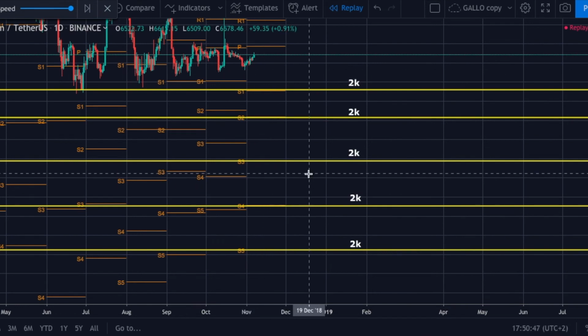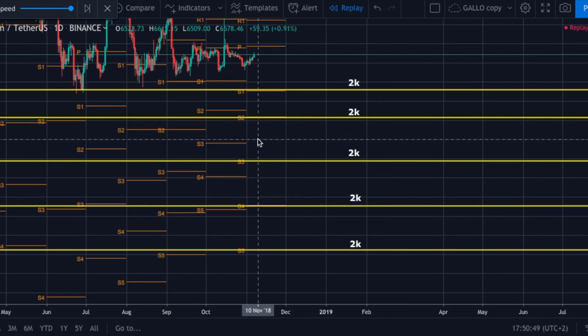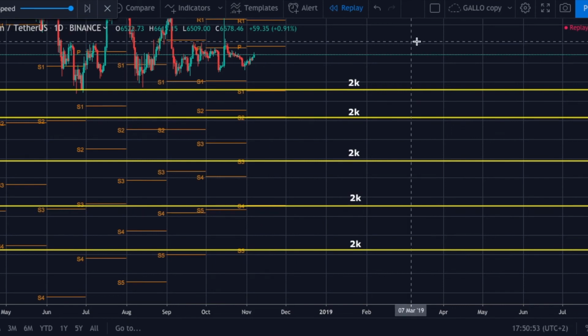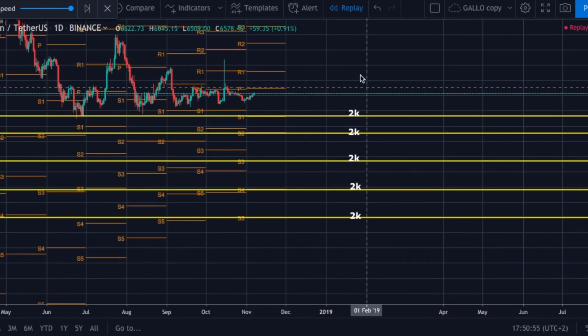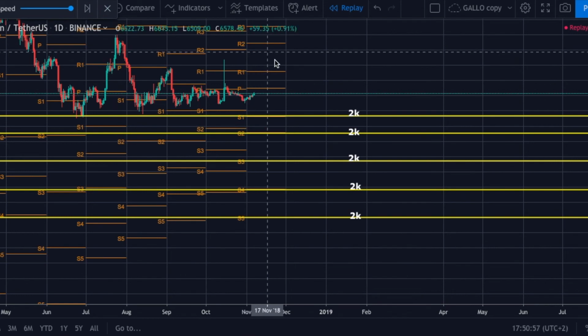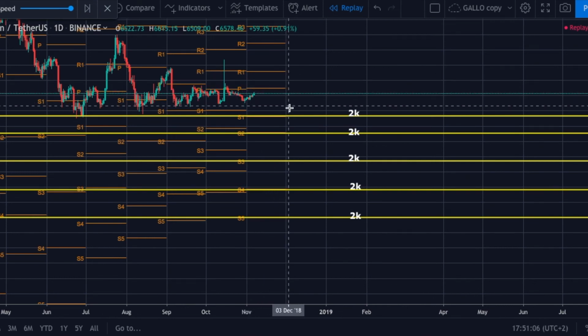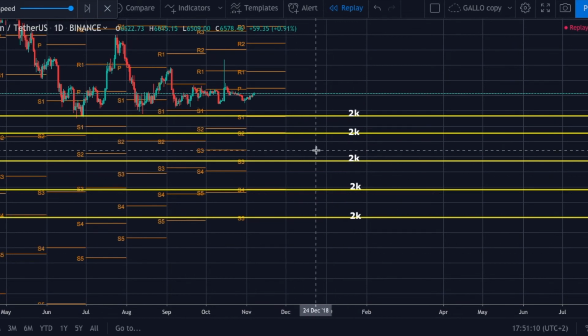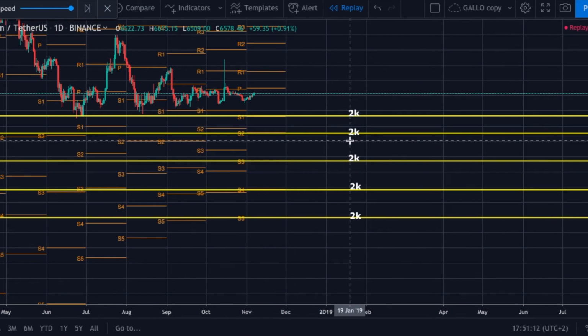If it gets me 6K, I'm more than happy. If it drops further, I'm super happy because I know what I'm going to do. So within this month I will keep these orders. If we are going to consolidate another month, I'm going to move my orders accordingly to the pivot points, right?